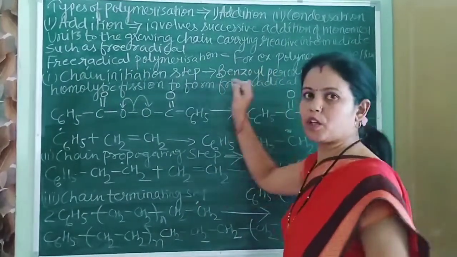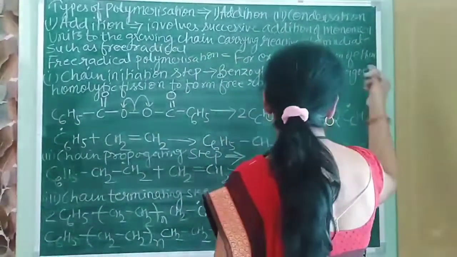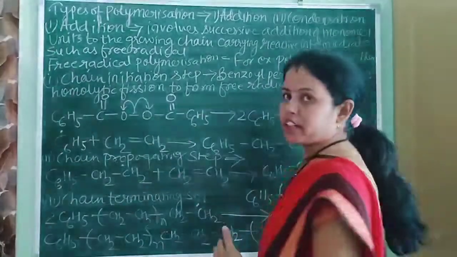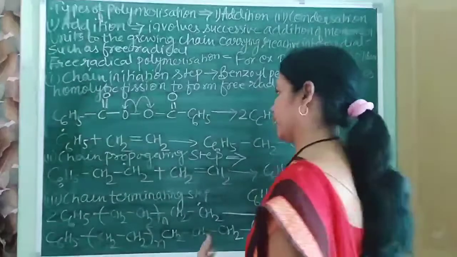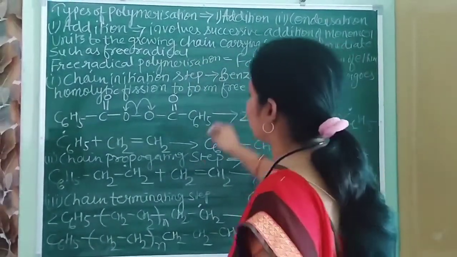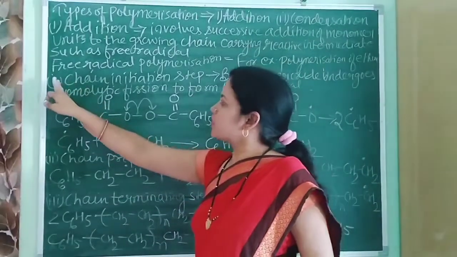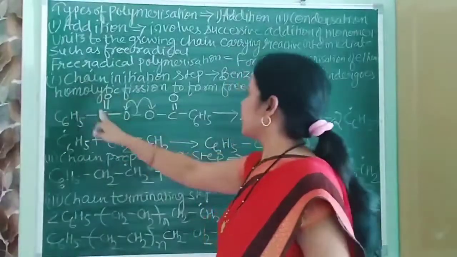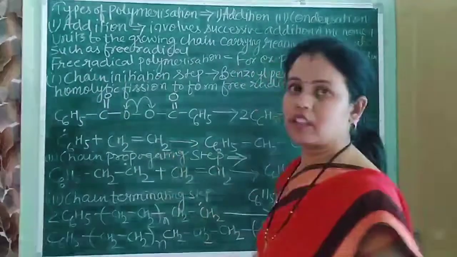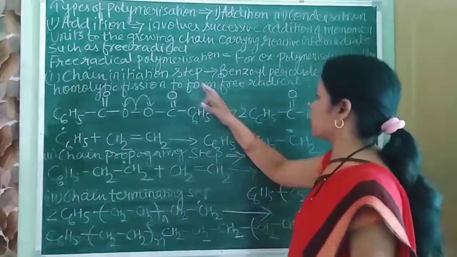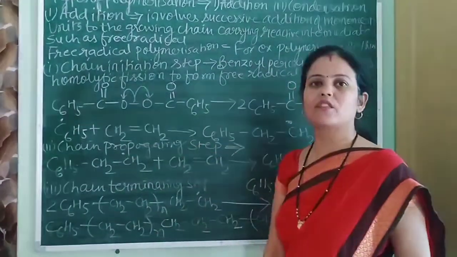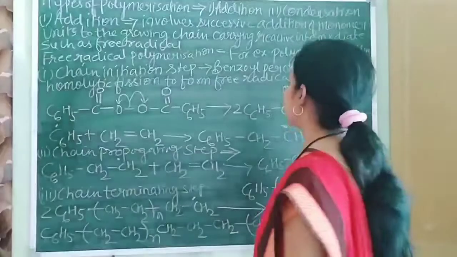For example, polymerization of ethene. You know that addition reaction is given by unsaturated compounds. So in the polymerization of ethene, there are three steps of free radical polymerization. The first step is the chain initiation step. In the chain initiation step, benzoyl peroxide undergoes homolytic fission to form free radicals.